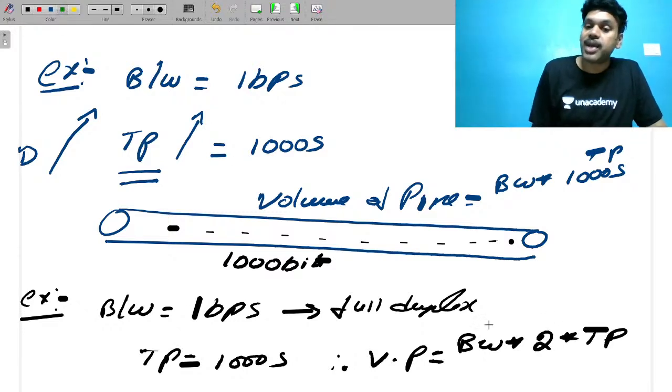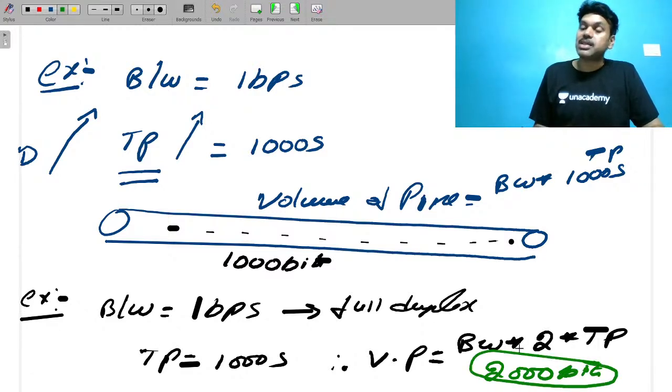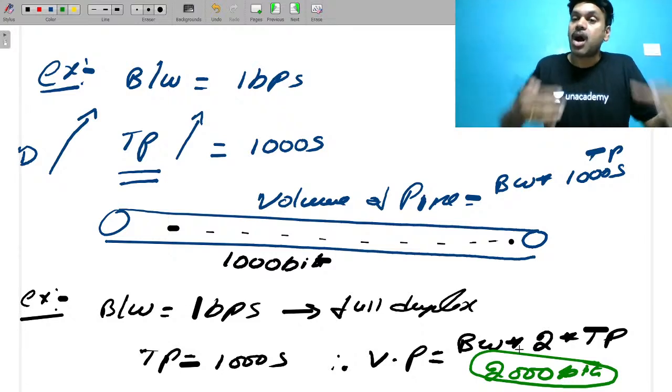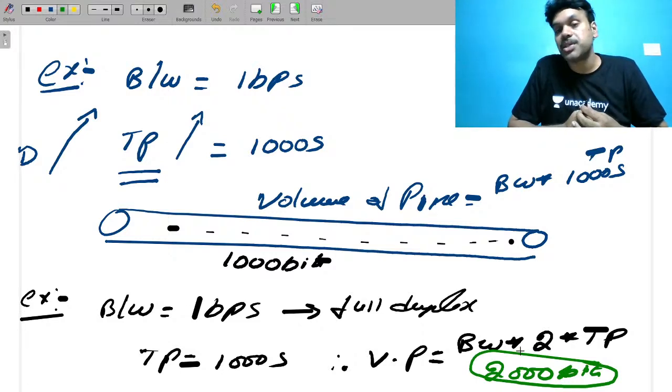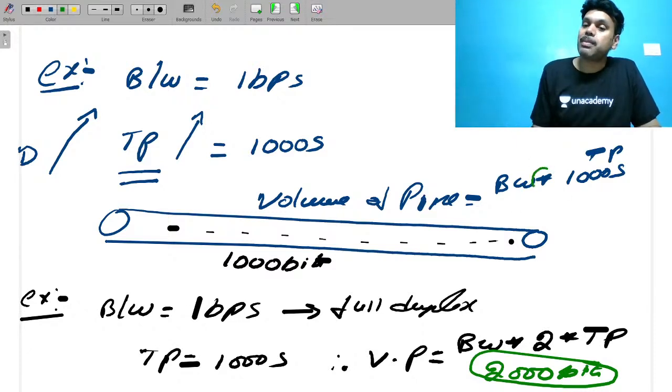So therefore, I can see here 2000 bits, because the sender sends 1000 bits and the receiver fills 1000 bits. All 2000 bits are there in your volume. This is the meaning of bandwidth delay product. Product is nothing but the multiplication of your bandwidth and your TP.